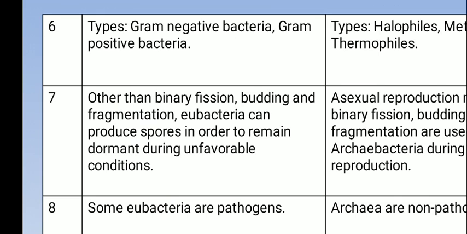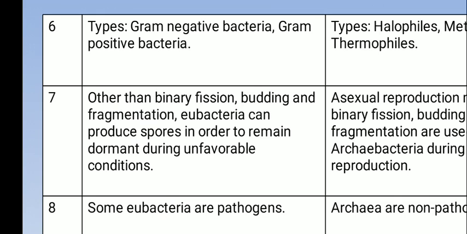Binary fission means in mother cell all the cell components get duplicated and then two separate cells are formed, or either by budding process or either by fragmentation, simply breakdown of the cellular components takes place.